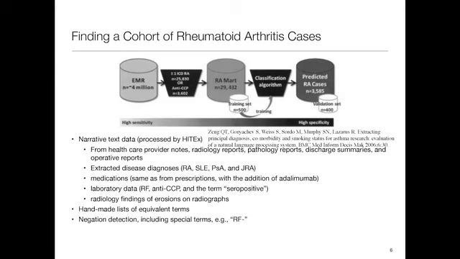And we did this from healthcare provider notes, radiology and pathology reports, discharge summaries, operative reports. And we also extracted disease diagnosis mentions from the same data, medications, lab data, radiology findings, et cetera.